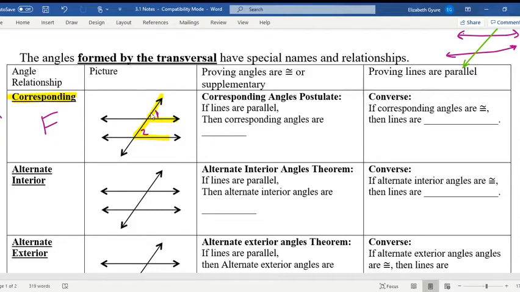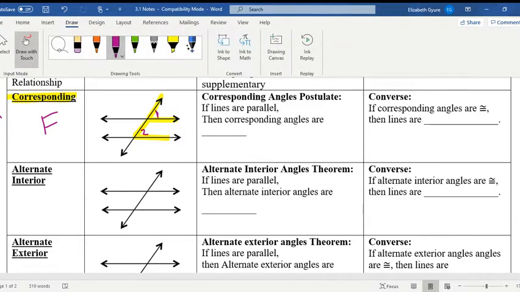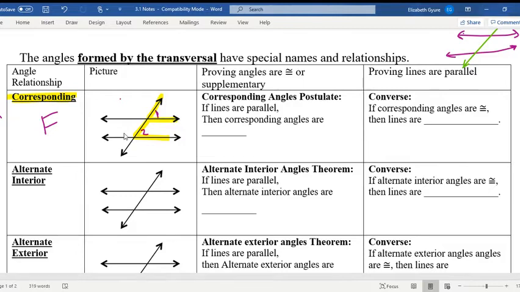Corresponding angles, though, are going to have a special relationship, and that is called the corresponding angle postulate. It says if lines are parallel, so if these two lines here were parallel, then the corresponding angles are congruent. And we can then use that at some point to prove that angles are congruent.